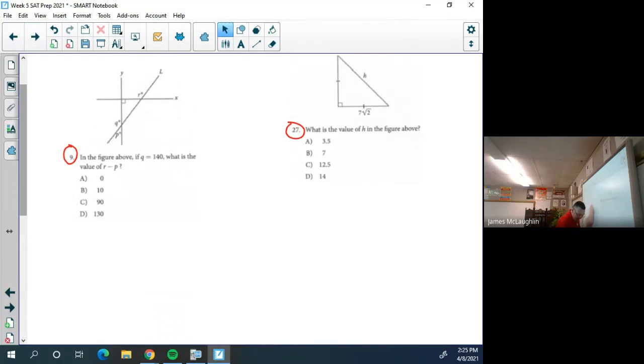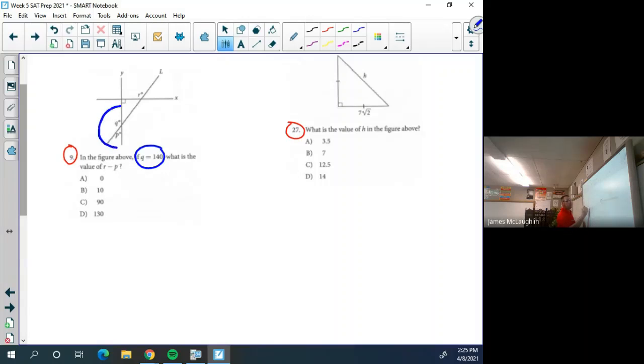If we know that angle Q is 140, first of all, look at that right there. There's your straight line idea. If I know that Q is 140, then without really having to think too much, I should be able to say that P is 40. That's our straight line game there, guys.